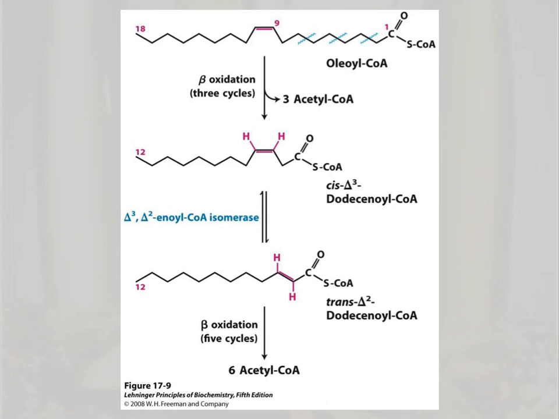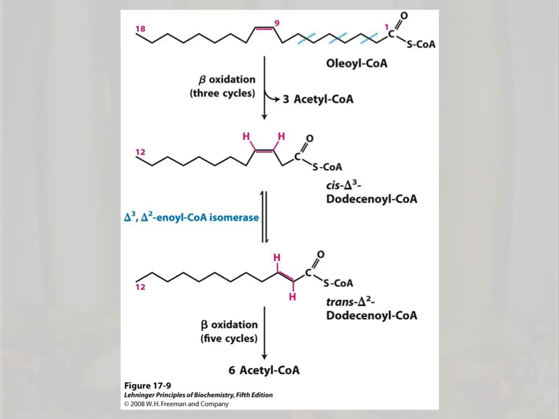Can you just put 2, 3, or do you have to have the deltas in it when you write the name out? You do the delta, because delta just shows you it means double bond. Whereas if you just said 2, comma 3, enoyl-CoA, people would probably wonder what that means, because literally that means one double bond with two locants.